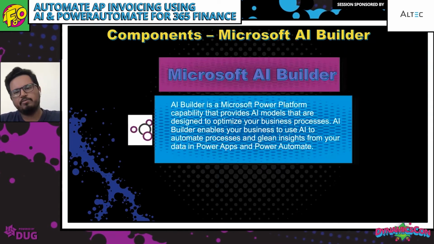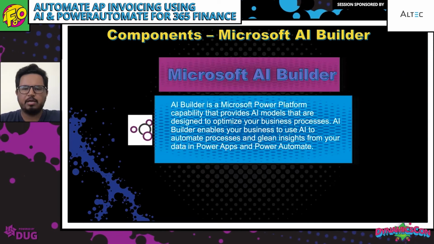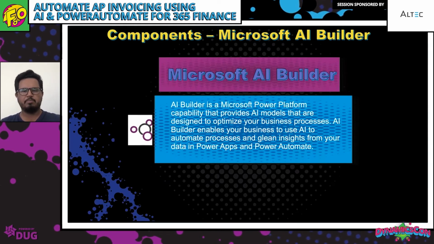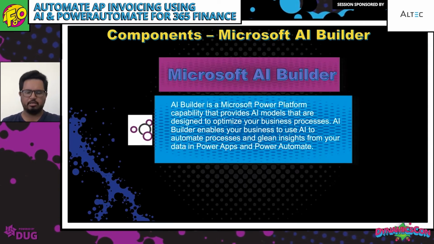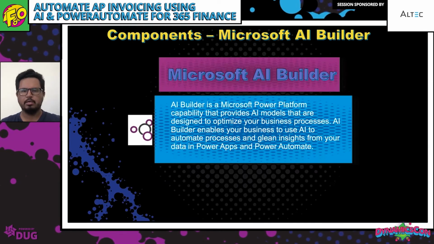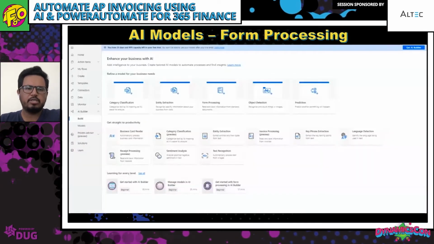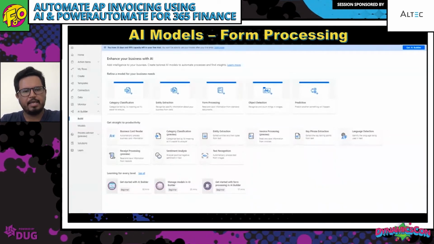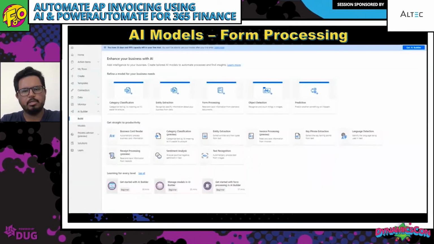AI Builder is available on the Power Automate platform as a functionality, where you can train an AI model to read your data, give you some insights, and use those insights in different tools on Power Automate. In this short demo, we will show you how we have leveraged the AI model's form processing capabilities.